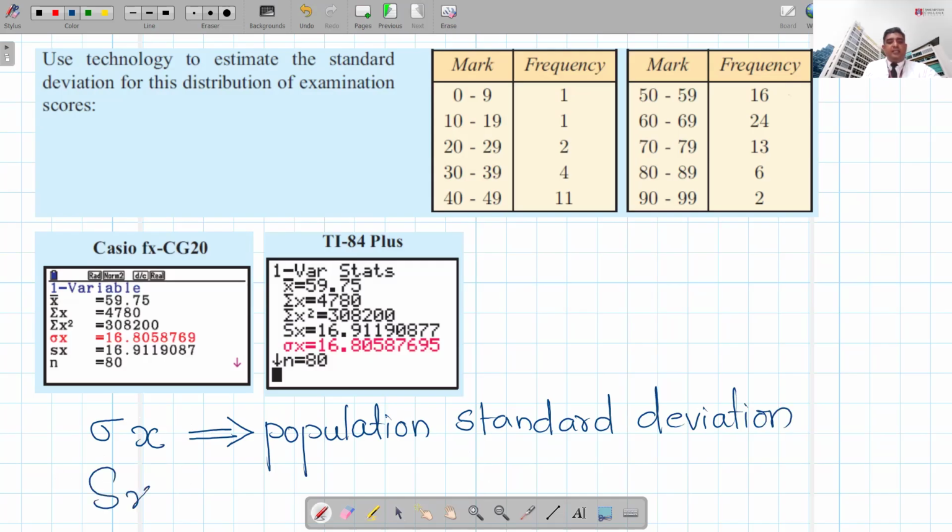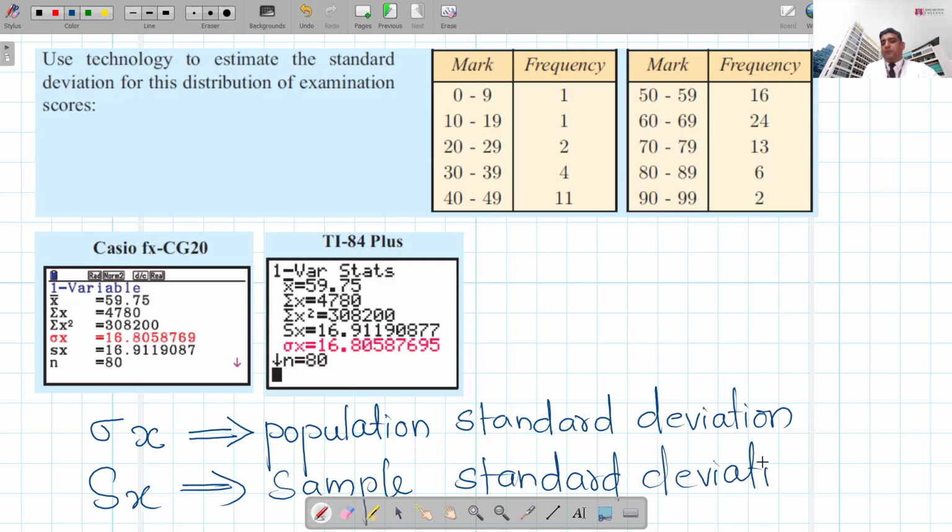And this is the sample standard deviation. Okay, keep these things in mind.